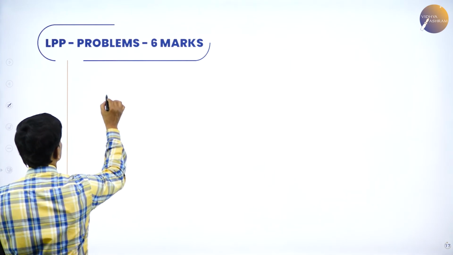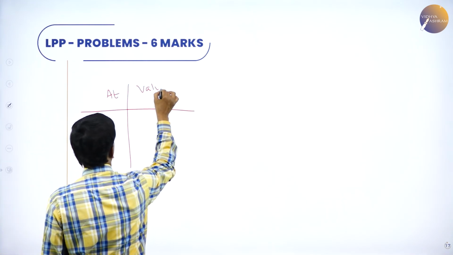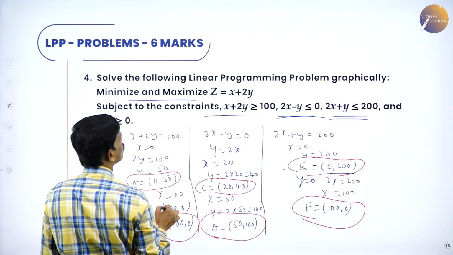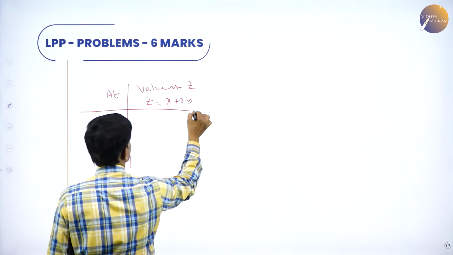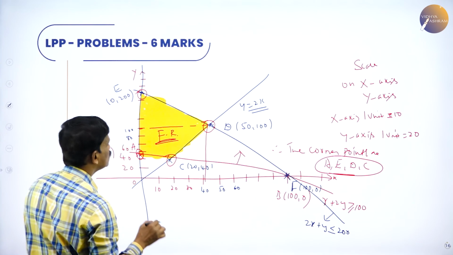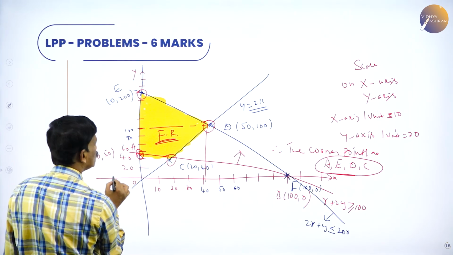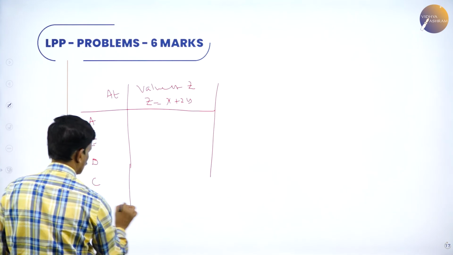Now the value of z, z is equal to x plus 2y, at what points? The corner points A, E, D and C.